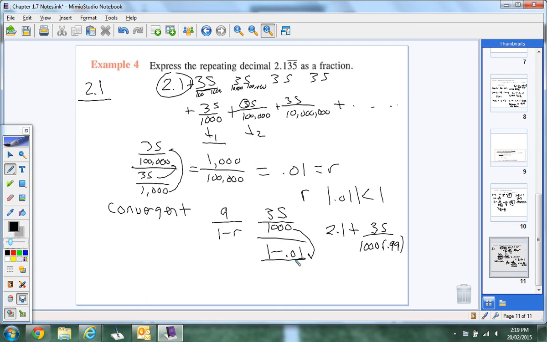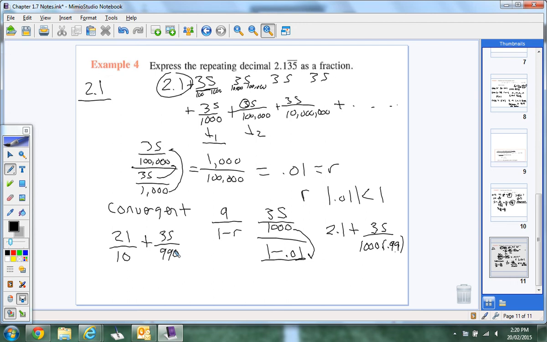So if I write this as a fraction, what's 2.1 as a fraction? It's 21 over 10, not 2 and 1/10. 21 tenths is 2.1. And we're going to add that. This works out to be 35 over 990, because 0.99 times 1,000 is 990.